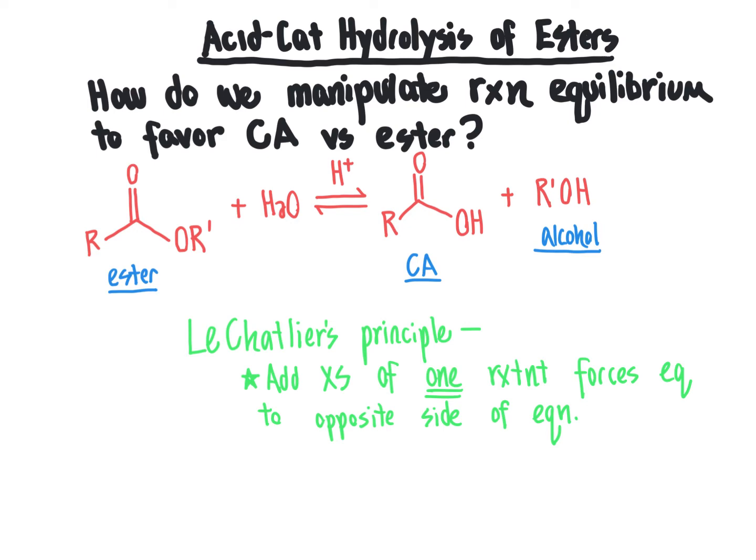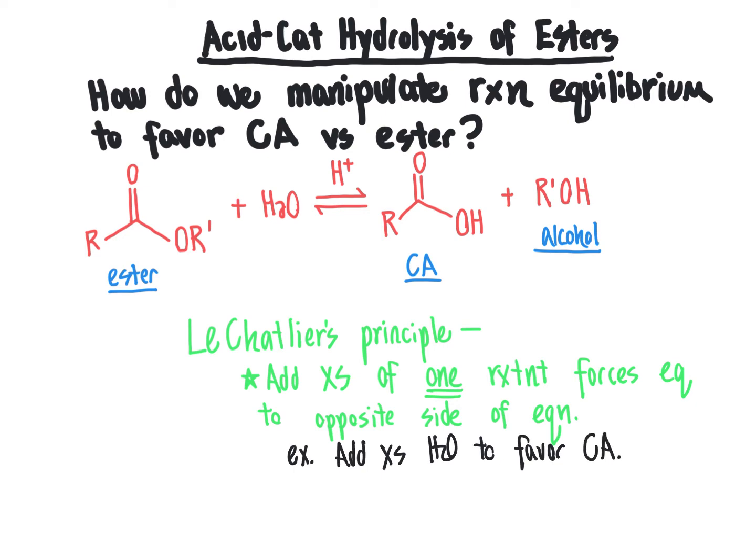So if we add an excess of water to the reaction, that's going to force the equilibrium toward the side of the carboxylic acid. So if our objective is to create lots of carboxylic acid product, add excess of water to favor the production of the carboxylic acid.